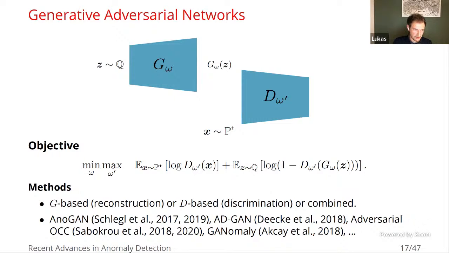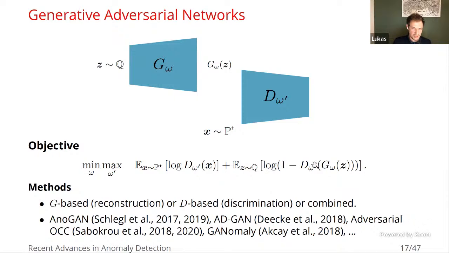So after having trained this GAN, they use the generator of this model to derive an anomaly score from the reconstruction error under this generator for some test point. And this is what the AnoGAN by Schlegl has been doing, and also the ADGAN from Lukas Ruff.